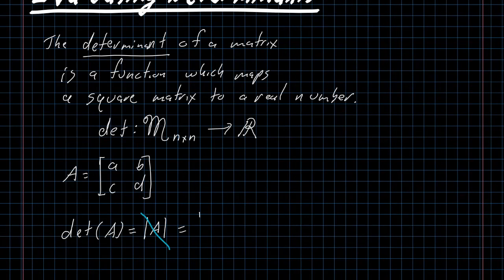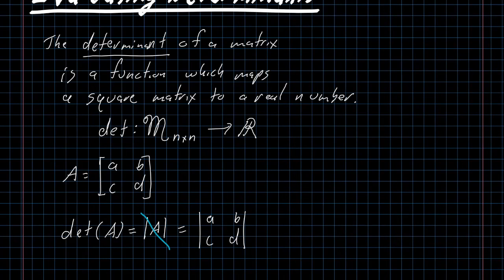It exists like that because it actually is very common to take your matrix and, instead of using parentheses or square brackets to define your matrix, to use vertical bars that look like absolute value bars. So matrix a, b, c, d with vertical bars instead of square brackets means the determinant of the matrix instead of just the representation of the matrix.